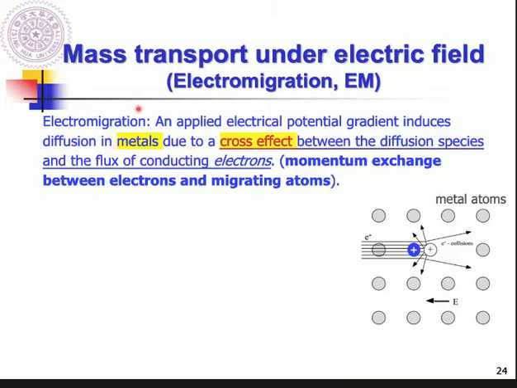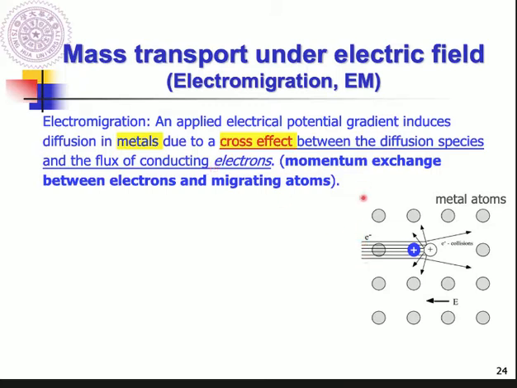So when you talk about applying an electric field on metals, we call this electromigration. You apply an electrical potential gradient or electrical field, and this electrical field induces a diffusion in metals, due to the cross effect between the diffusion species and the flux of electrons.